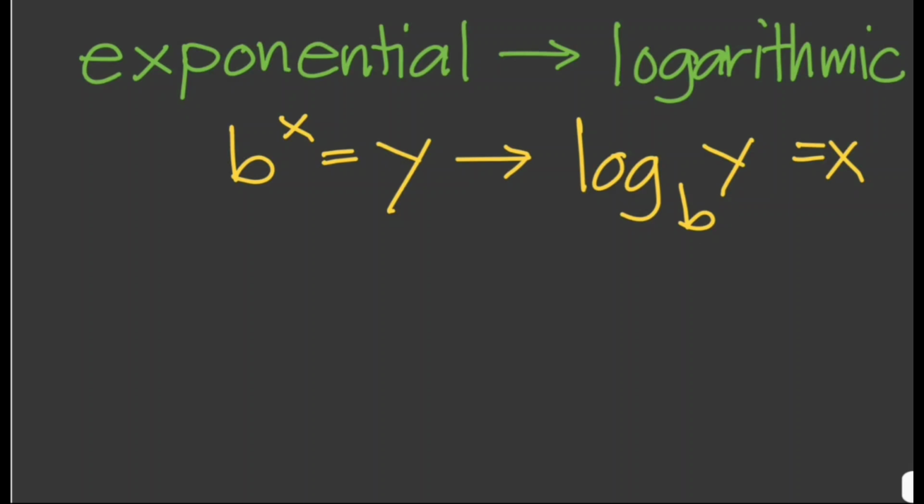So in simpler terms, the base of the exponential expression, which is b, becomes the base of the logarithm. And the result y of the exponential equation becomes the argument of the logarithm, while the exponent of the exponential equation is the result of the logarithm. Now let's solve some problems.